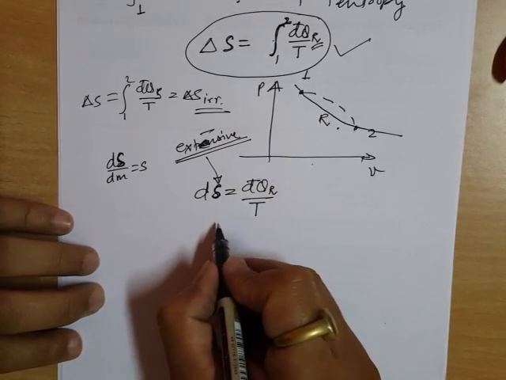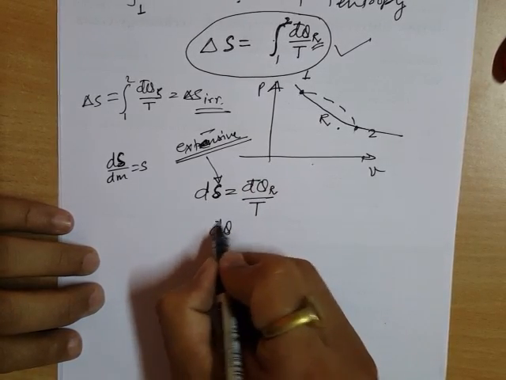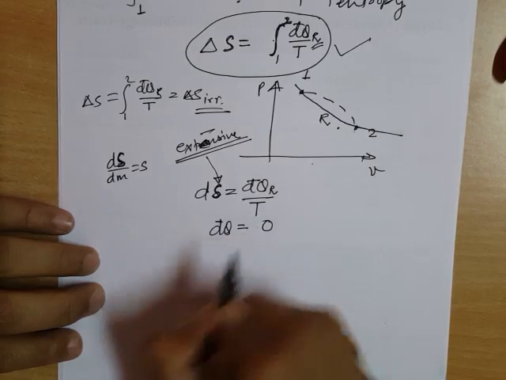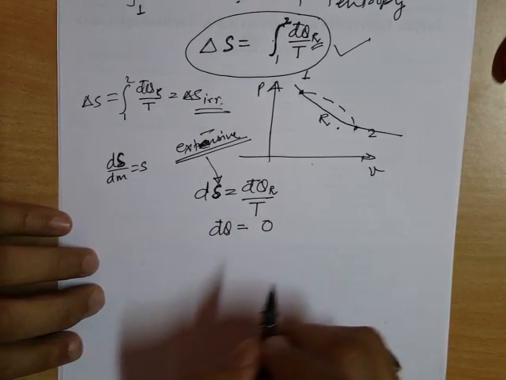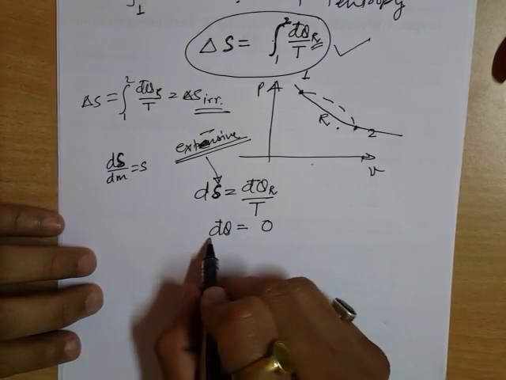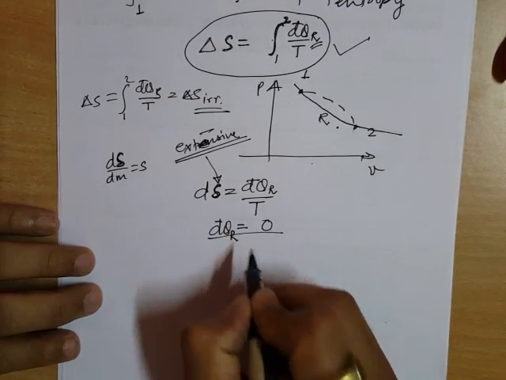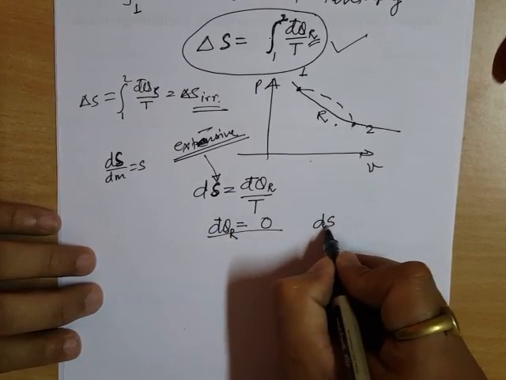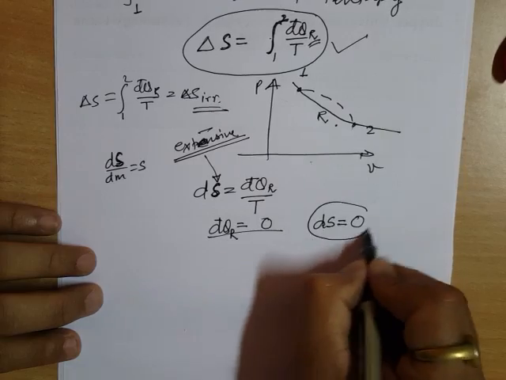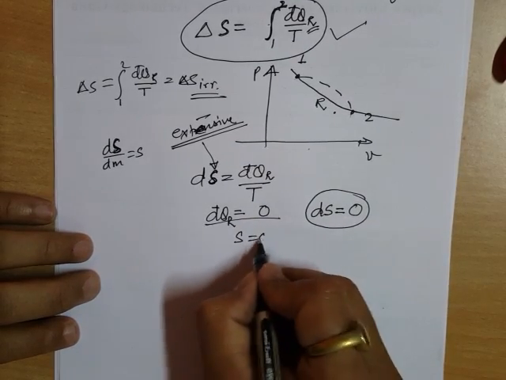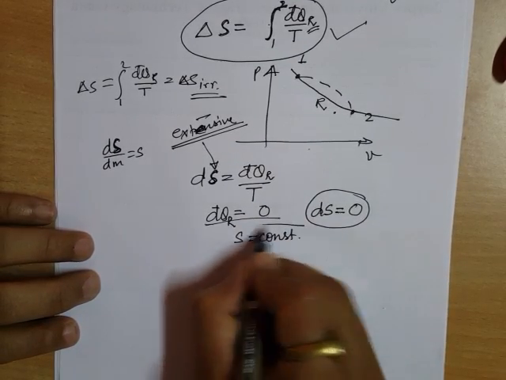Now, if you talk of a problem where the heat transfer is 0, let us say consider a problem where heat transfer is 0 along this reversible path. So what will happen? This dS will be 0, or S is constant.